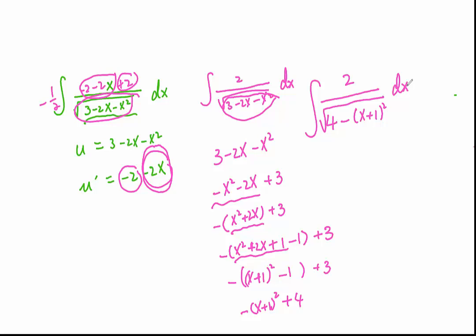So we have 4 minus x plus 1 squared, and the top is a 2. Everybody good so far?